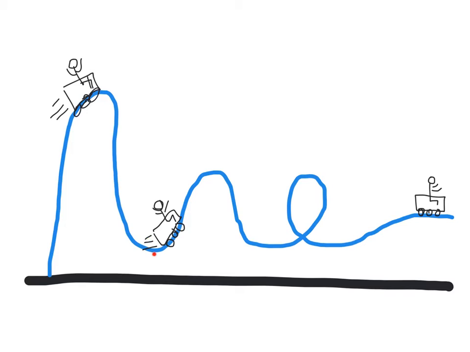At this point here, it's going to have its maximum velocity compared to these points, and actually throughout the entire roller coaster. And that means it's got its maximum kinetic energy, but this kinetic energy here is going to be less than the gravitational potential energy here, due to that loss to thermal and sound.